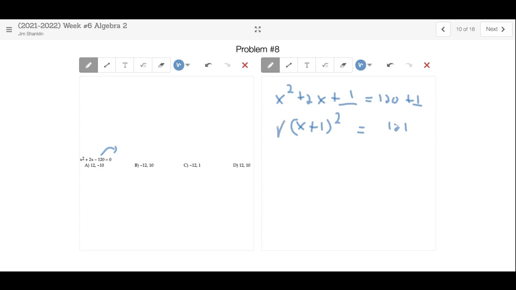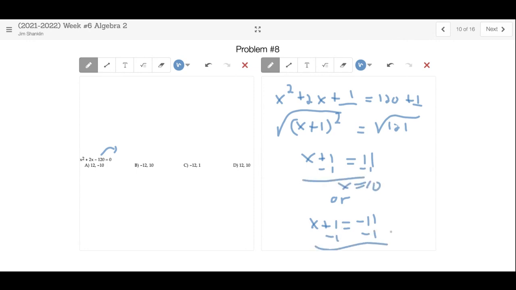When I take the square root of both sides, lo and behold, the square root of 121 is 11. So this is just going to be x plus 1 equals 11, or x plus 1 equals negative 11. Subtract 1 from both sides, I end up with x equals 10. Subtract 1 from both sides, I end up with x equals negative 12.